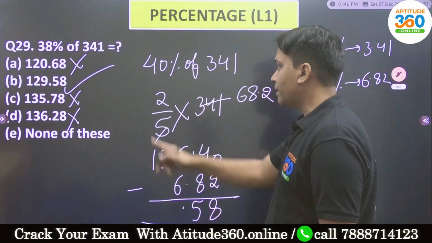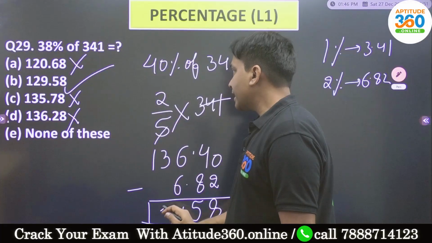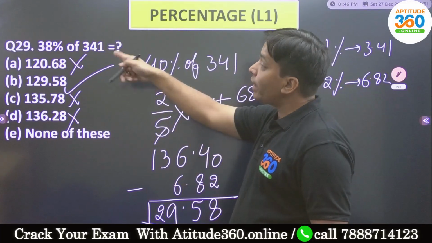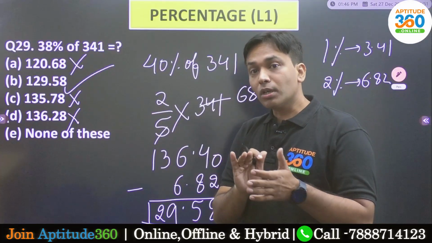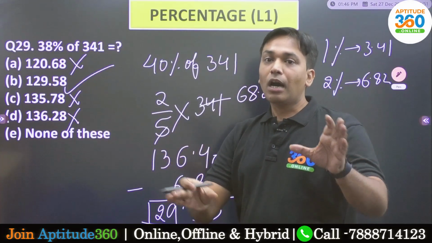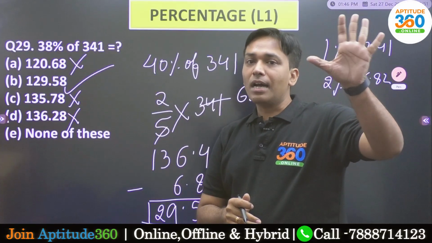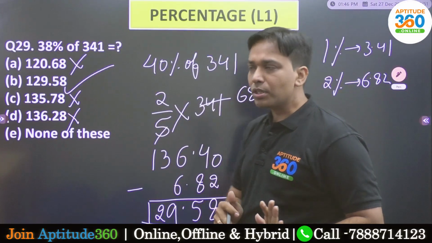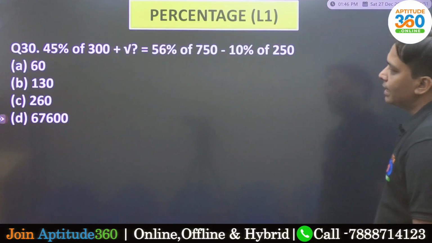So वो दोनों तो हो रहा है. So what is the right answer? 129. So आपको करना क्या चाहिए, rather than you find out 38% and then do the complex solution, 40% minus 2%. Now you should be able to find out कि भाई इसका 100% कितना हुआ, फिर 10% कितना हुआ, फिर 1% कितना हुआ, and then you do the calculation the way it is needed.